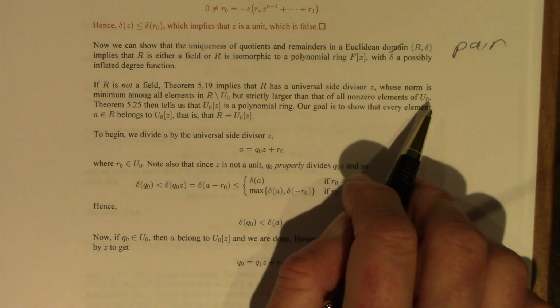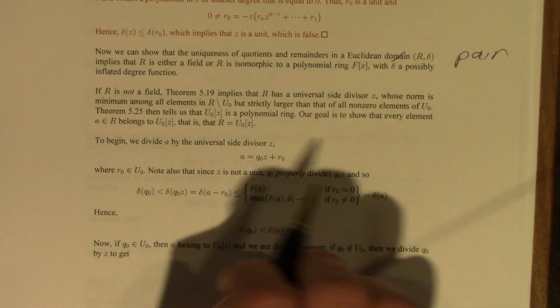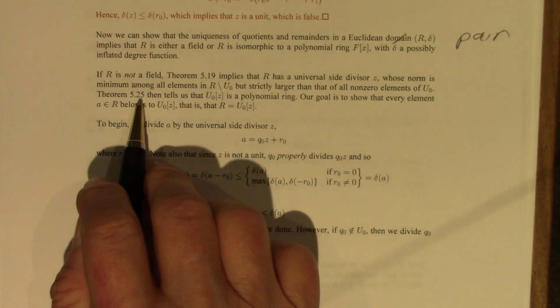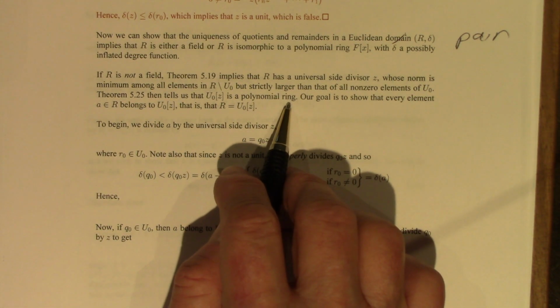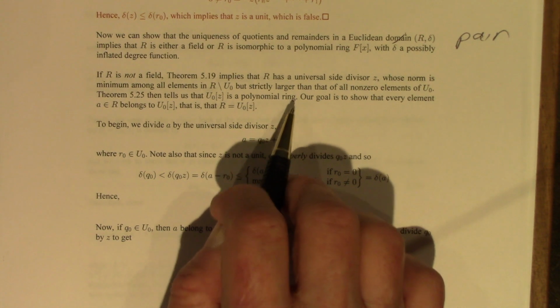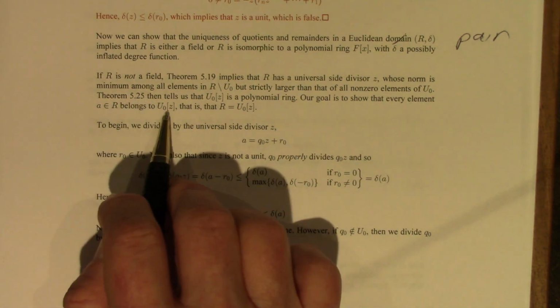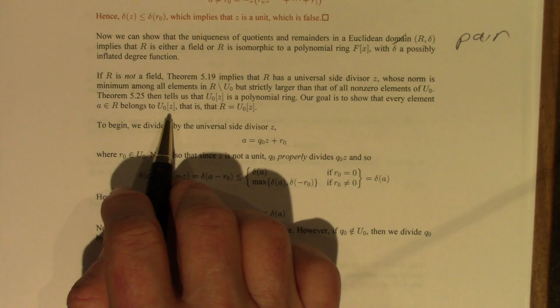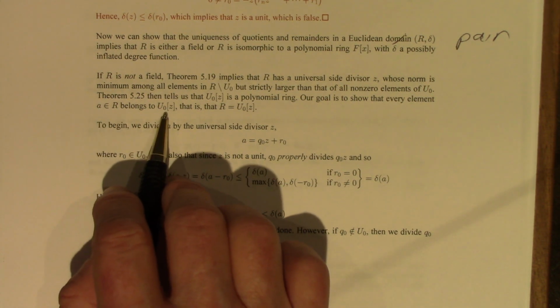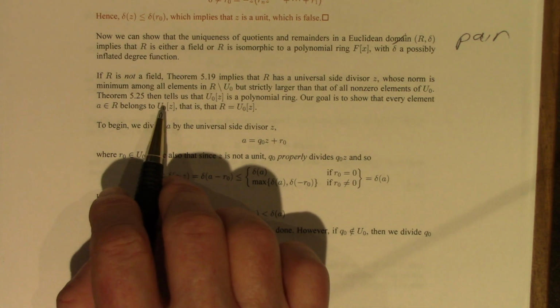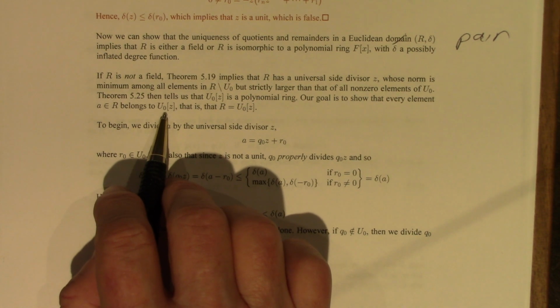It's the second largest norm. And we've just learned that U0 of Z is a polynomial ring. So our goal then is simply to show that every element of R belongs to this polynomial ring, this subring of R. Or every element A in R is a polynomial in Z whose coefficients come from U0. They're either units or zero.